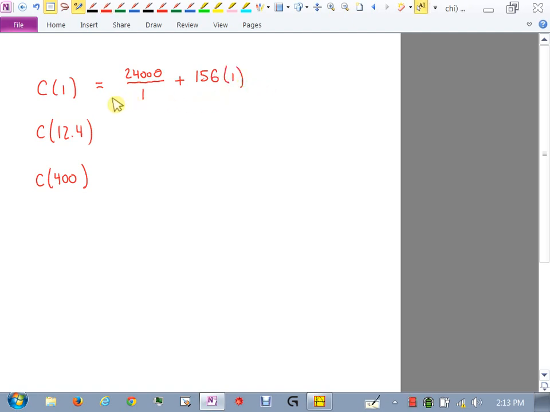So I'm just going to the original cost function and replacing my y's with 1s. And then I'm replacing my y's with 12.4. And then I'm replacing my y's with 400.